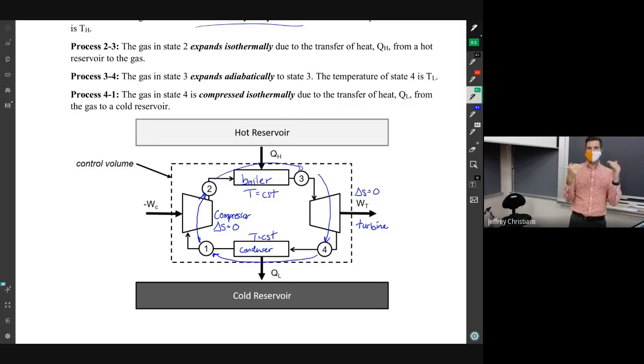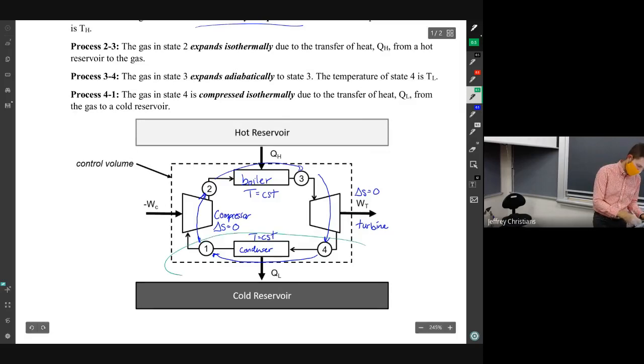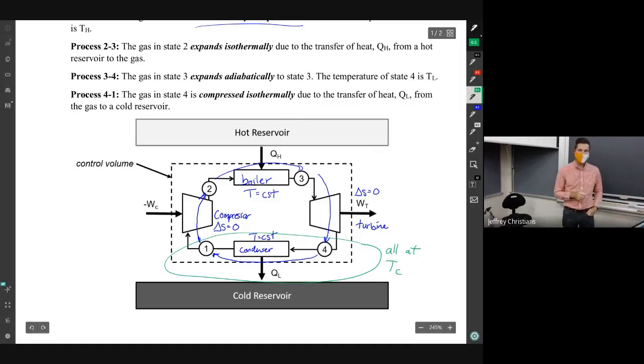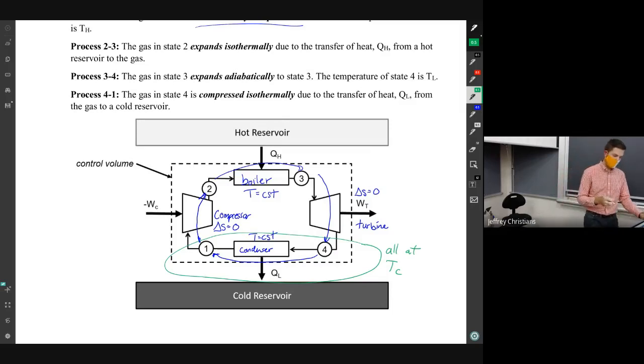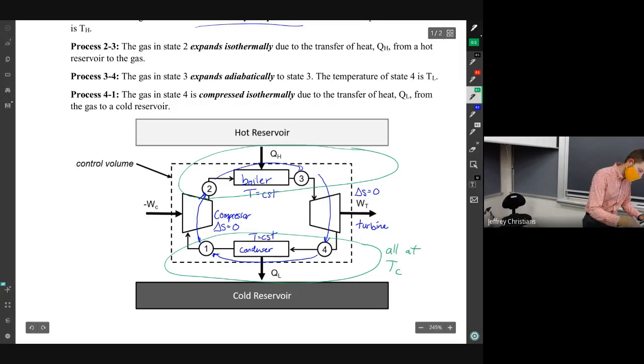Those 2 temperatures are the exact same. So the entire bottom of our system is all at T cold. 4 and 1 are both at T cold. And the same thing for the top, this is all at TH.